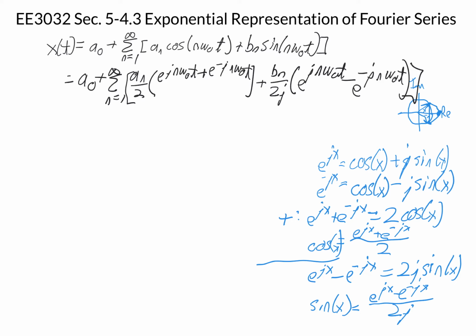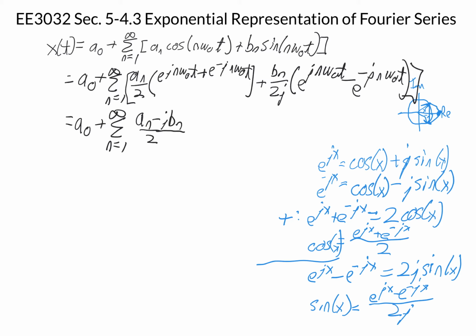In the next step, I'm going to collect the positive j and the negative j terms. So on the next line, I still have a0. I still have a summation from n is 1 to infinity, but now I'm going to collect the positive j terms. So from the first half with the a, I have an a of n over 2, and from the second one, I have a b of n over 2j, or minus j b of n.